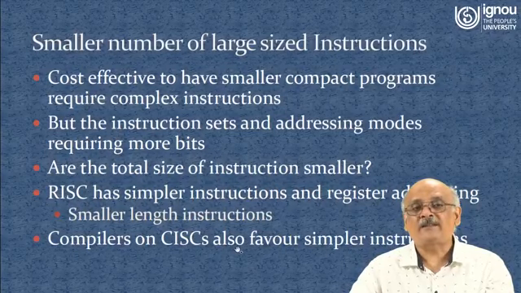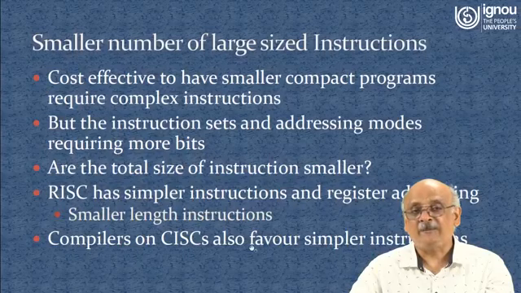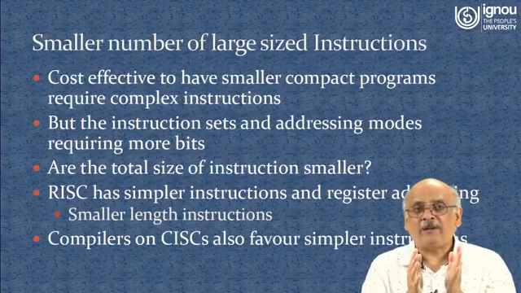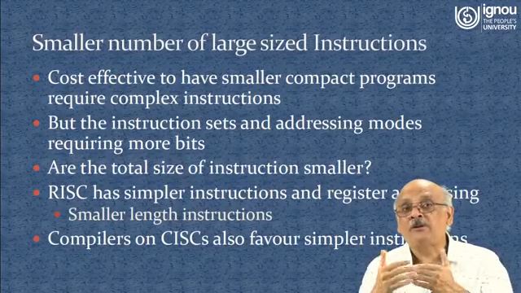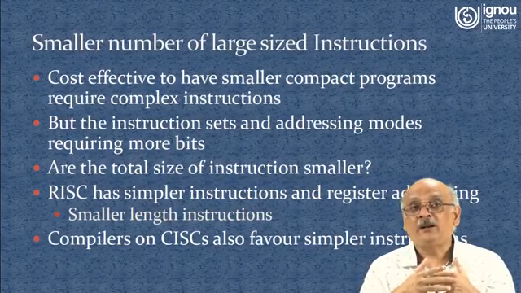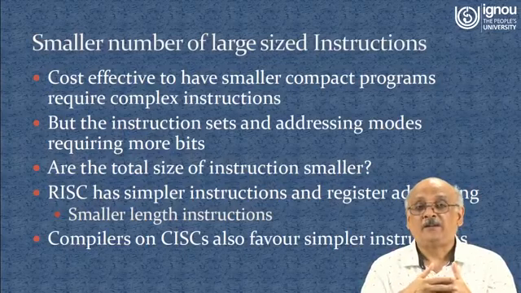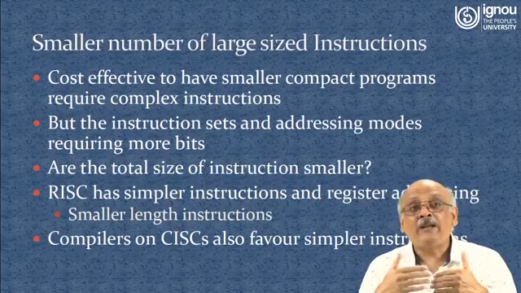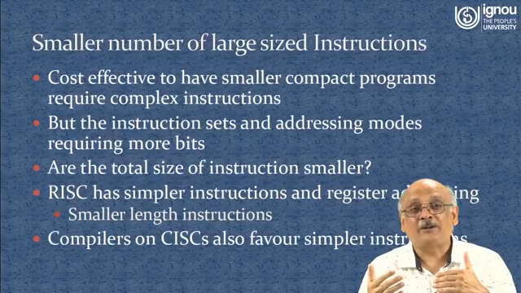Then compiler on CISC also favors simpler instruction. In fact, compilers play a very important role when we are dealing with program conversion for a specific machine. And compiler designers normally favor the simpler instruction. That is the categorization. Even if you create a very complex instruction, it may not be utilized in that particular context.